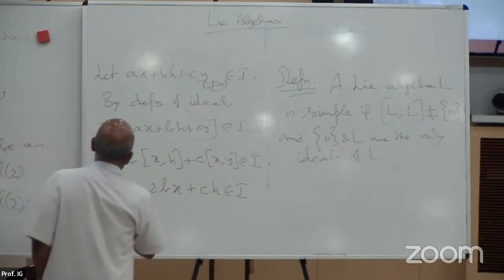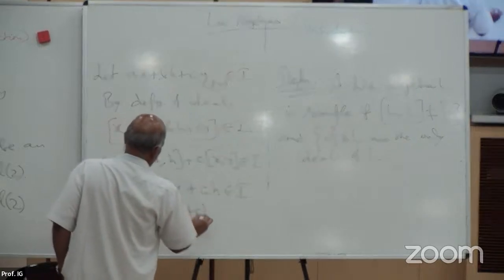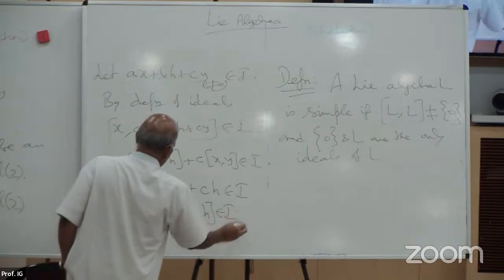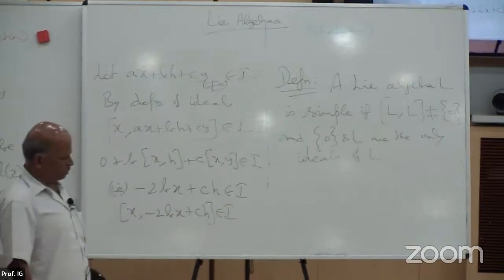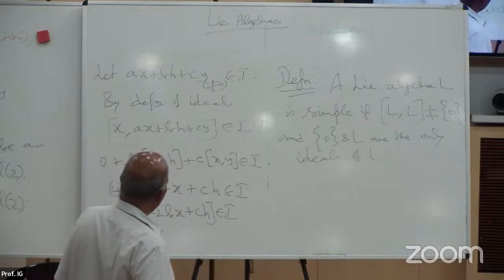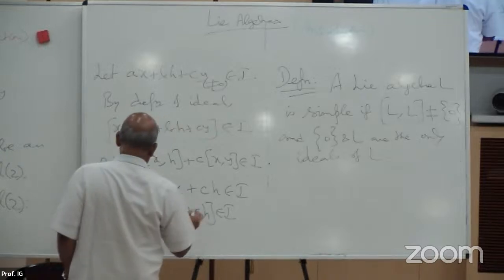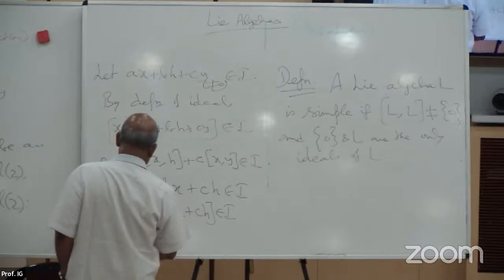We again take the bracket with x. By the same reasoning that I is an ideal, when you take the bracket again, this should belong to I. The bracket of x and x is 0, and what we are left with is this.